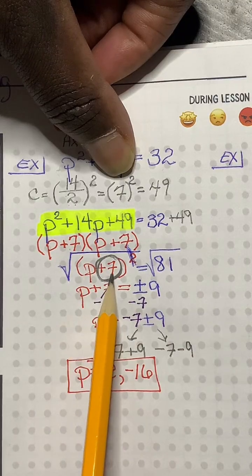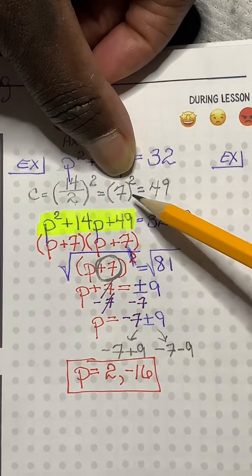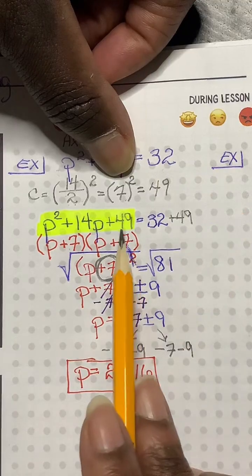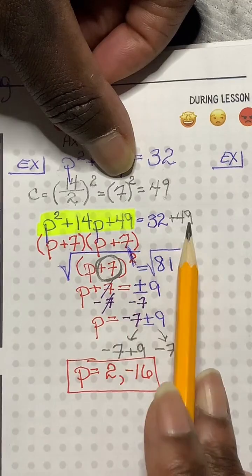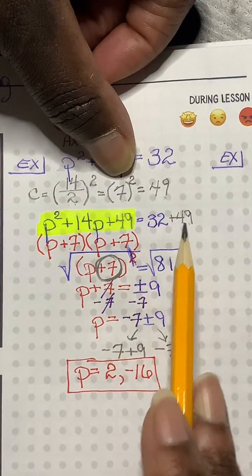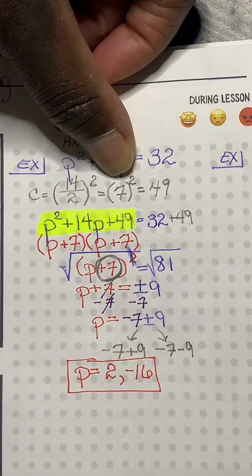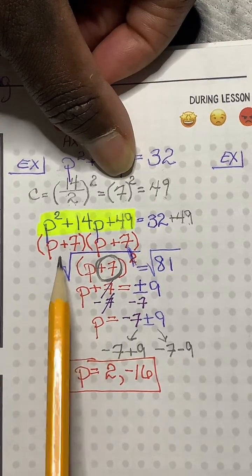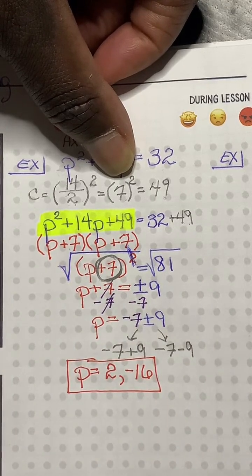So it'd be p plus 7 because inside this we got a result of a +7. But when we square it, we need to add our answer, which was 49, on both sides, so we can complete the square, which I highlighted for you. So if you ask, is this always going to be exactly the same? Yes. That's why you're completing the square, to make it into a perfect trinomial.